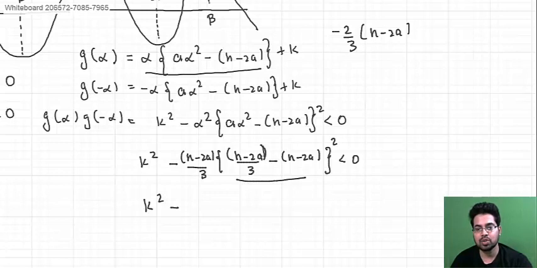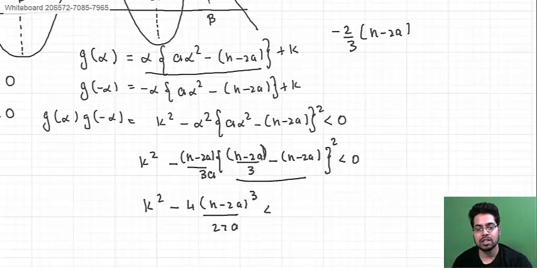So h minus 2a square into h minus 2a, so h minus 2a cube. Fine. Now here it should actually be a. So square of 3 is 9. 9 into 3a is 27a, and square of minus 2 is 4.